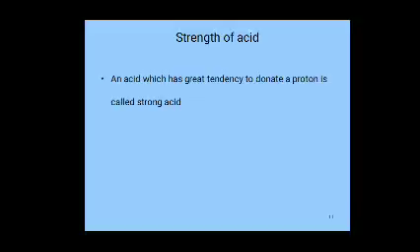An acid which has a greater tendency to donate a proton is called a strong acid.